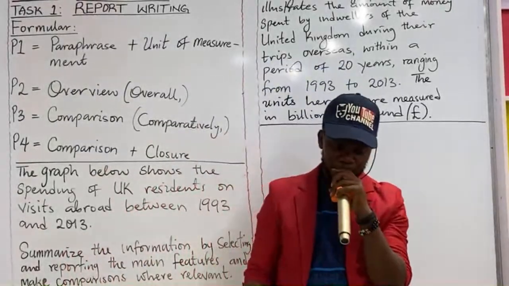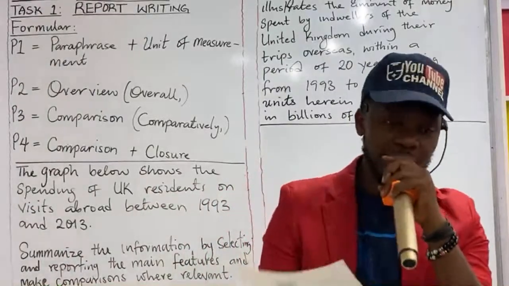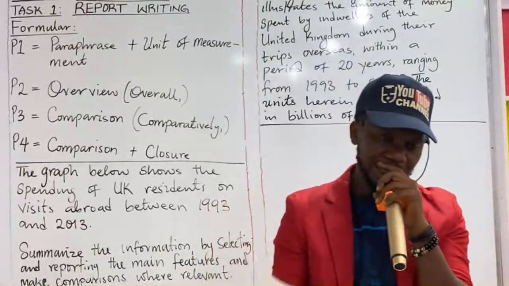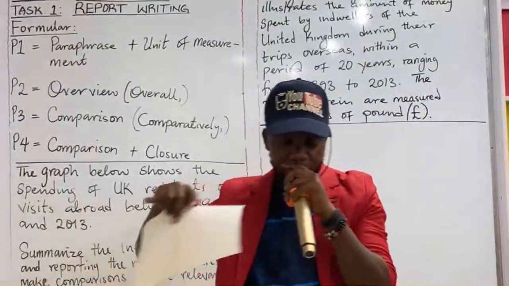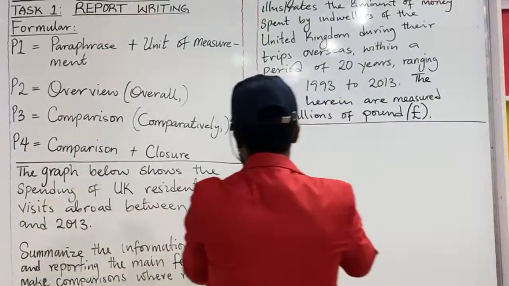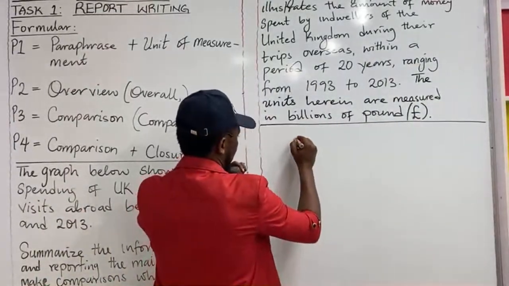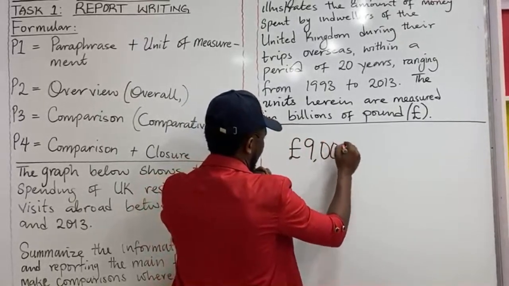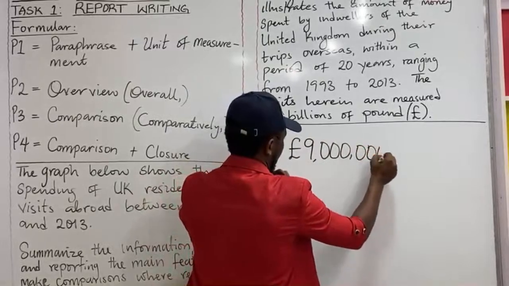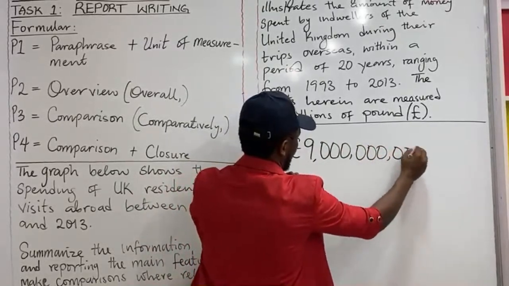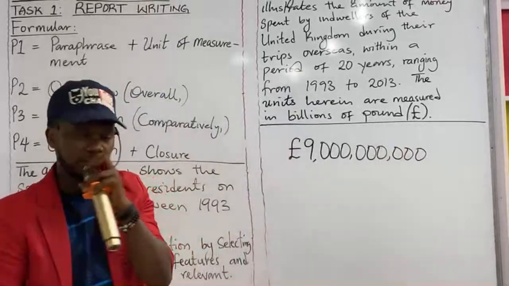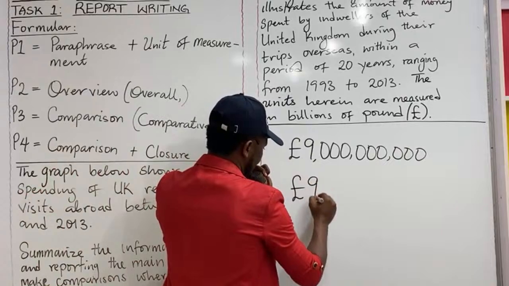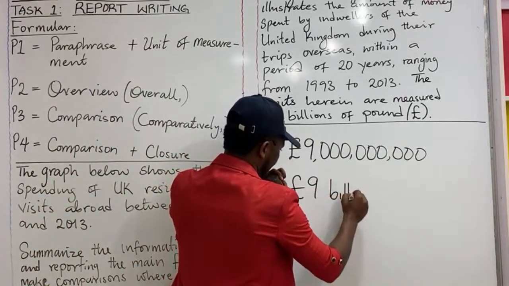Okay. So now I said to write your 9 billion pounds. You may choose to write the 9 billion in figure all through by going this way, or you simply say 9 billion pounds.